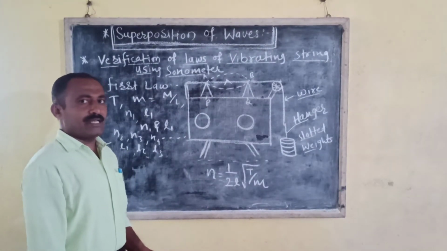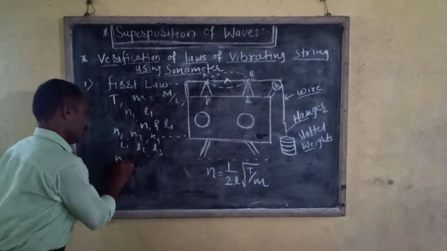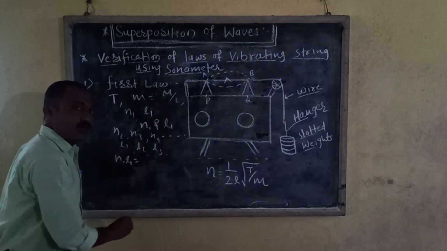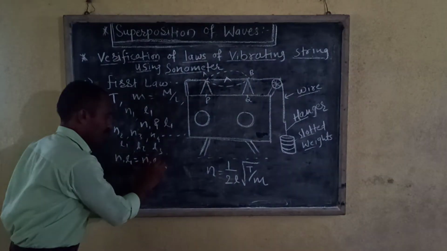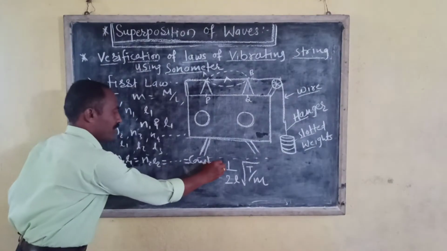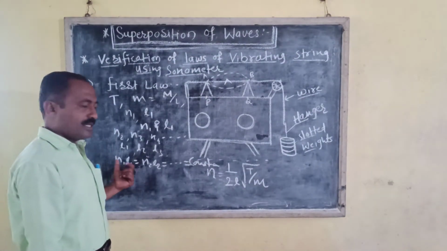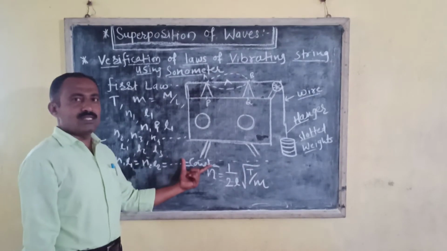It is experimentally found that the product N1 L1 is equal to N2 L2 is equal to a constant. This means the product of the vibrating length and the frequency in each case is constant.